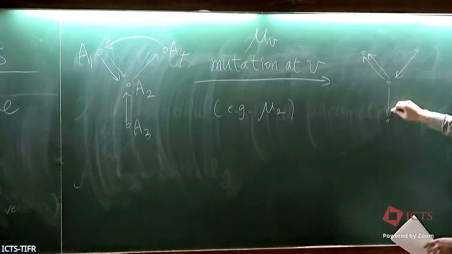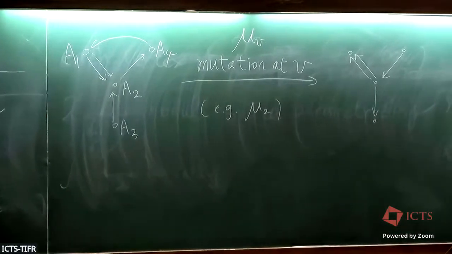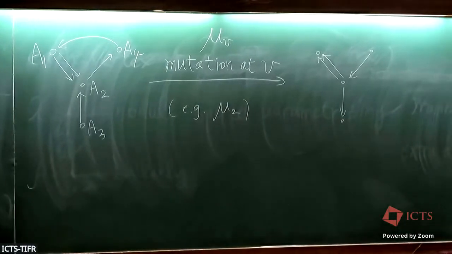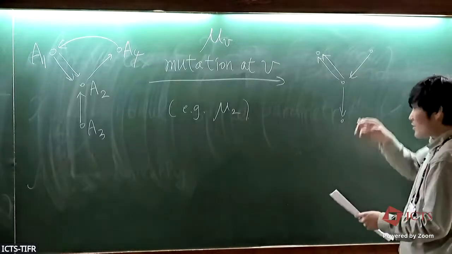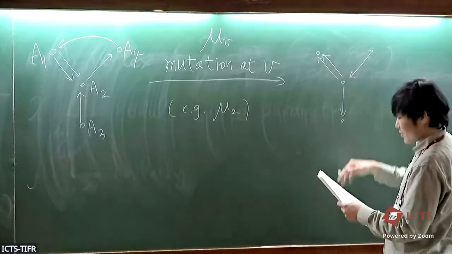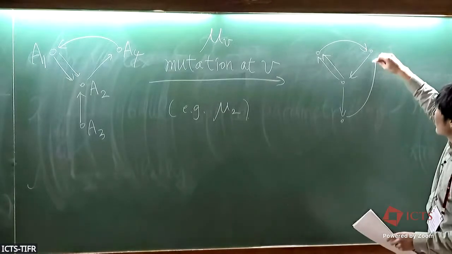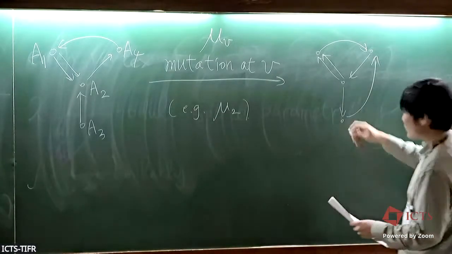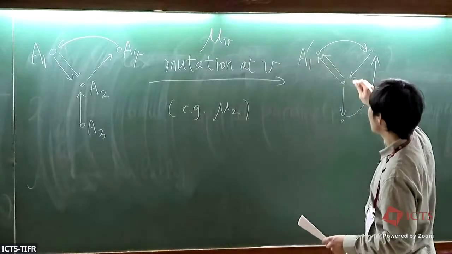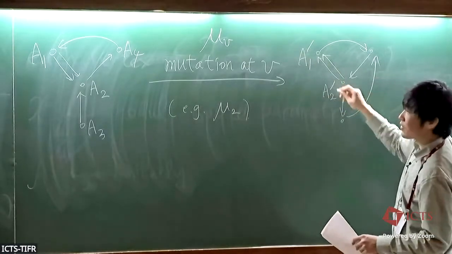So all the arrows at the vertex that you mutate at, you reverse. And then you have to add some arrows according to some combinatorial rule, which I'll write down. I'm just giving you this as an example that you can take a look at.